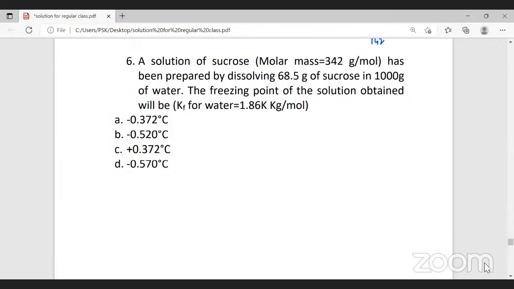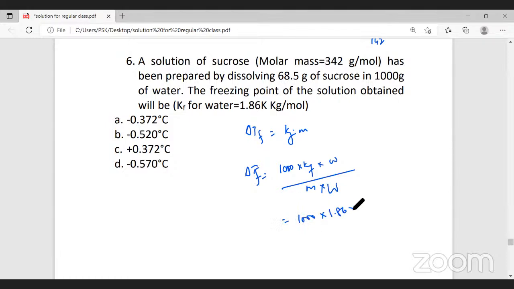So delta TF is equal to KF into m. That's nothing but delta TF equals 1000 into KF into W by M into W. This is the formula, direct substitution. So for delta TF, what you will get? 1000, KF they have given us 1.86, and the weight they have given is 68.5, divided by the molar mass they have given, 342, and the weight of solvent they have given is 1000.